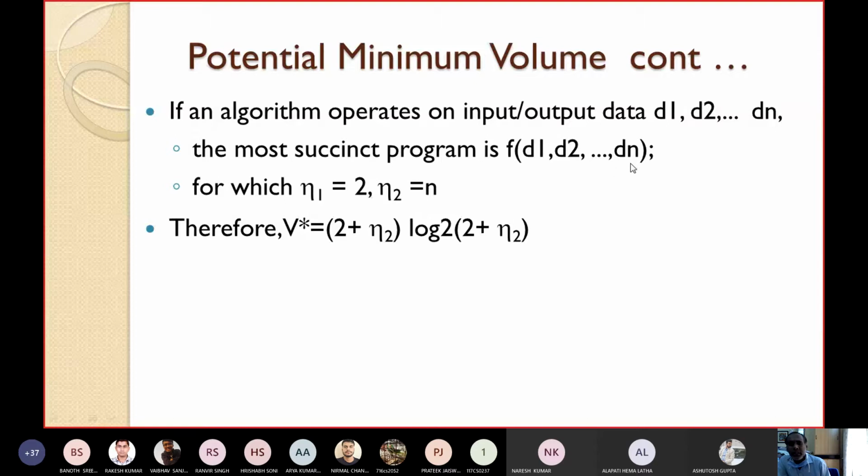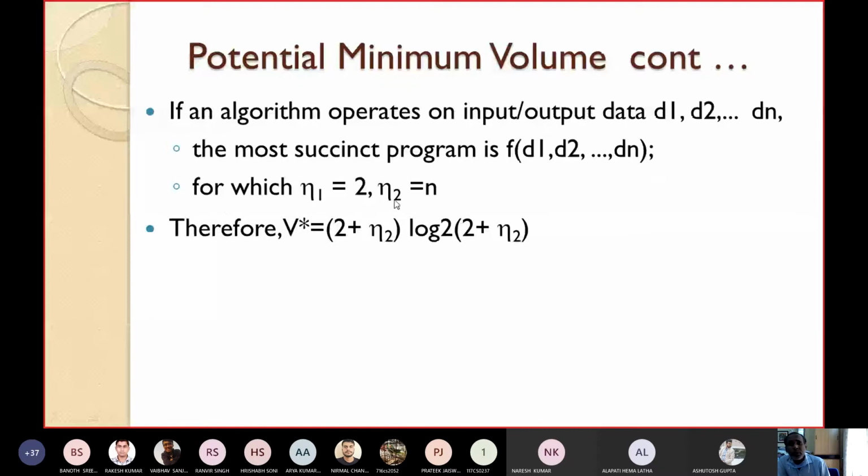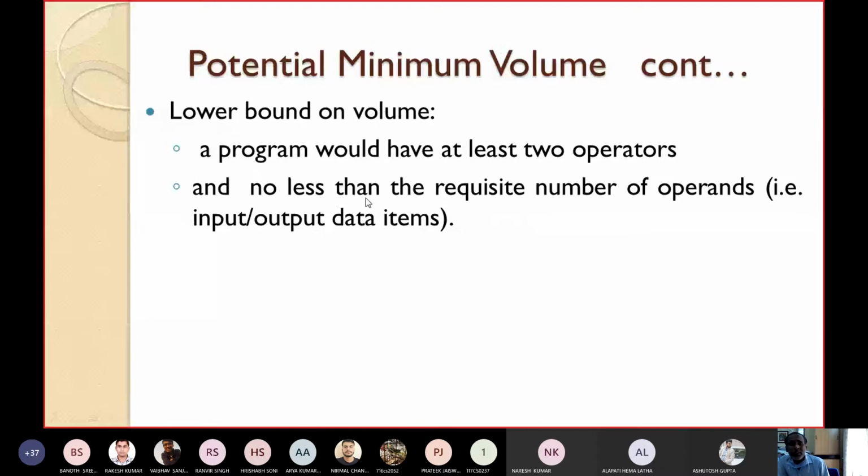For this, what will eta 1 be? Eta 1 is the number of unique operators. I have already told you that for the potential minimum volume, a minimum of 2 operators will be required. So eta 1 is equal to 2. Eta 2 is the number of unique operands. How many unique operands are required? No fewer than the requisite number of operands.